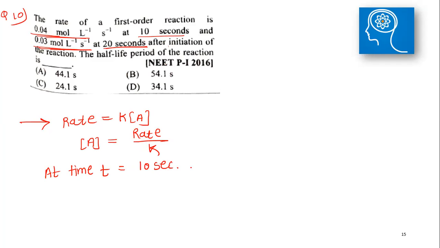It is the initial time, so we can write here A0, concentration of A0 is equal to, it is given at time t equal to 10 seconds, it is 0.04 mole per liter per second upon K, per second, mole per liter.